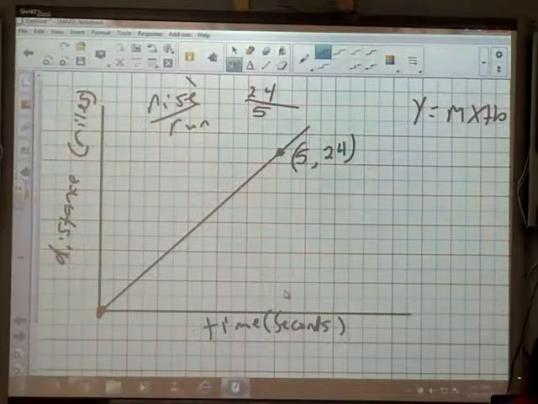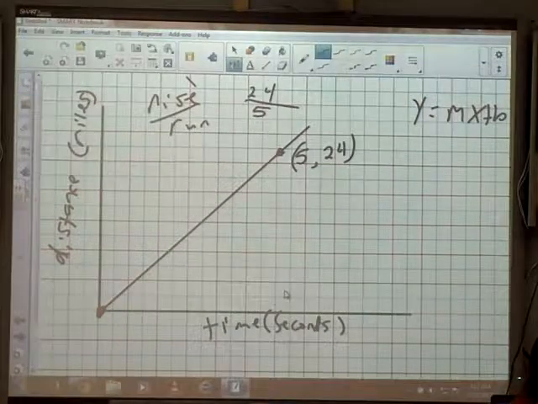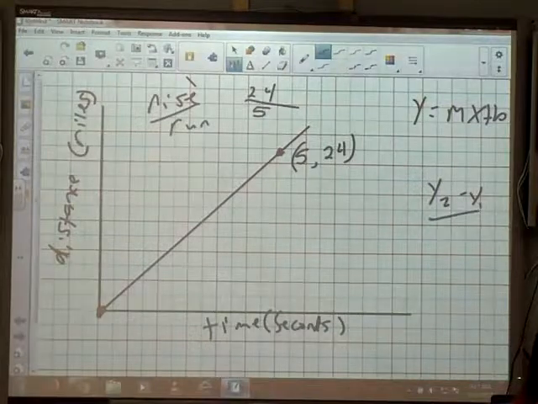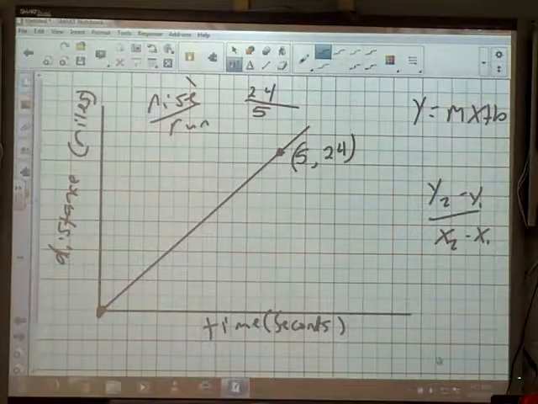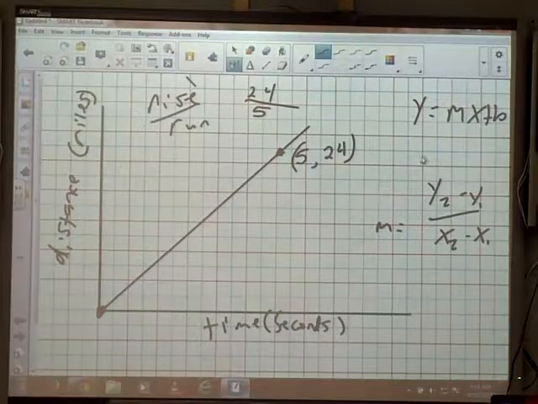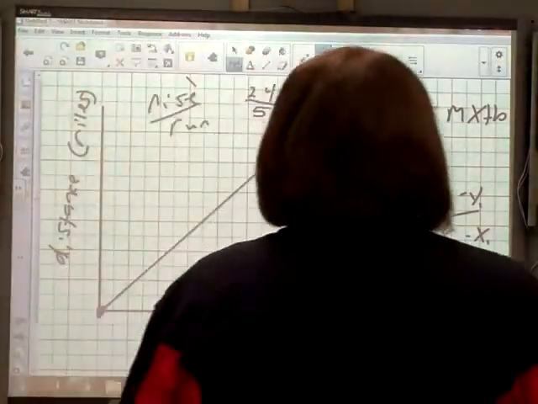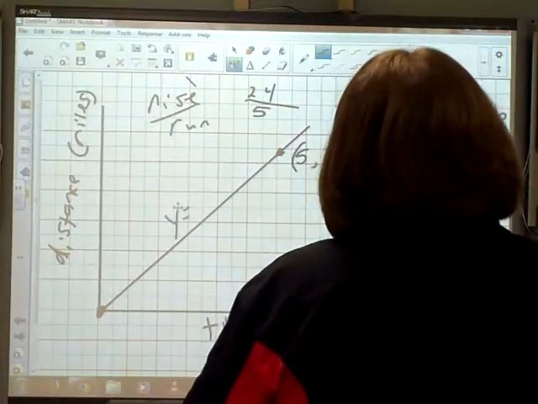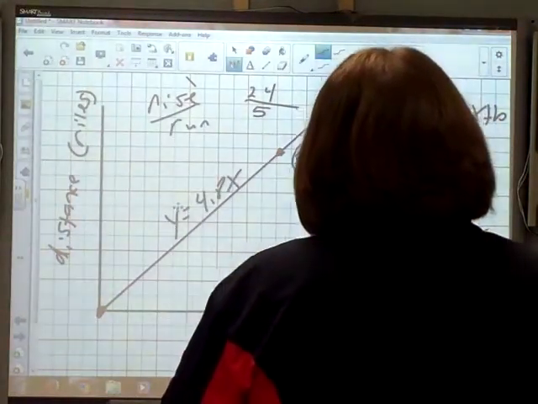Is that slope x1, x2 and y1, y2 over each other? Yes, that's the formula for slope. Say that slope again for me. 4.8. So my equation for this line is y = 4.8x.